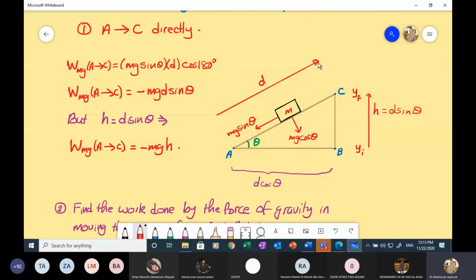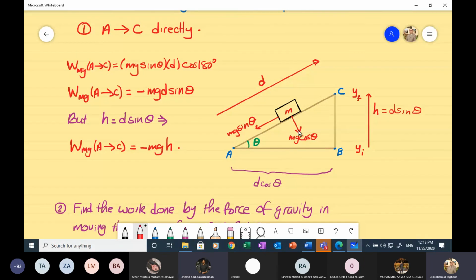Now, if I ask you, while this mass is moved from A to C, which component of the weight, mg sine theta or mg cosine theta, does work? Which one of those two does work? Sine theta. Yes. But why does this one do no work?